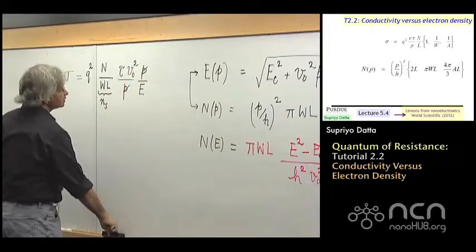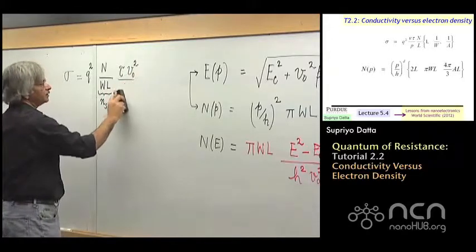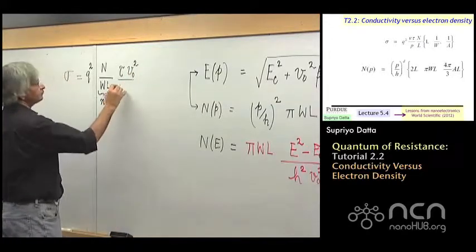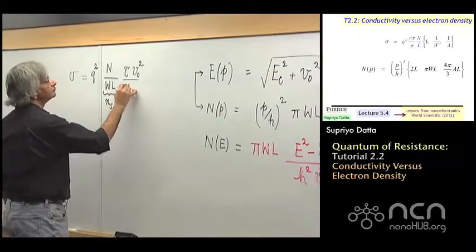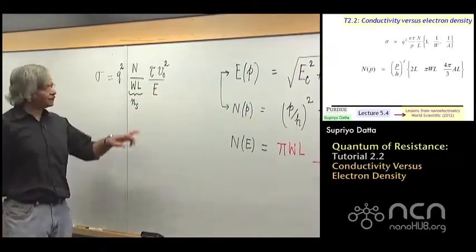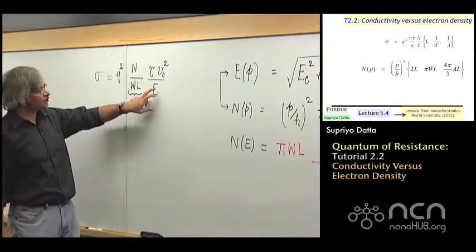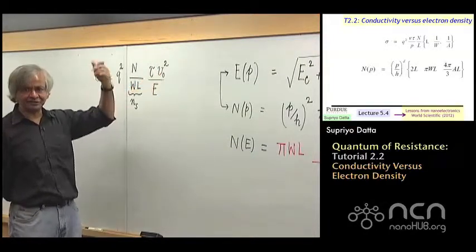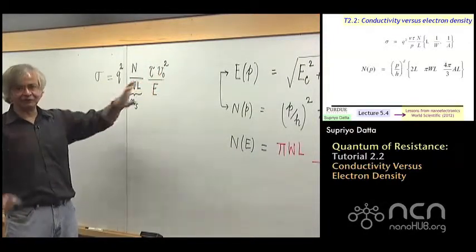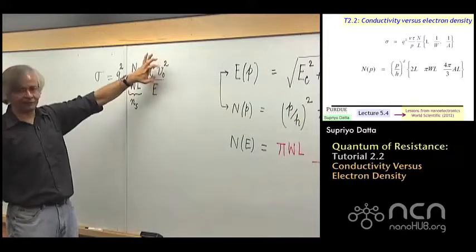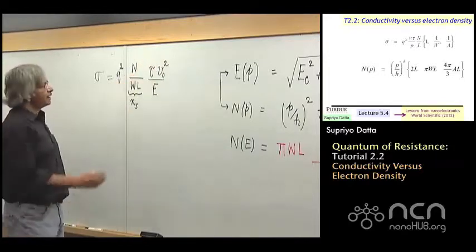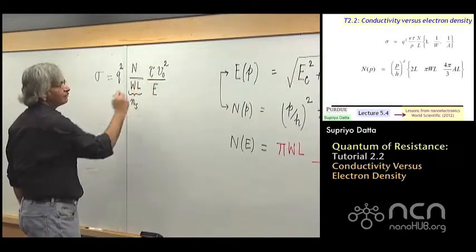So basically it is V0 square divided by E. You'll notice then, instead of mass, we have E over V0 square, as if E is equal to m V0 square. Anyway, this is the expression that we have.